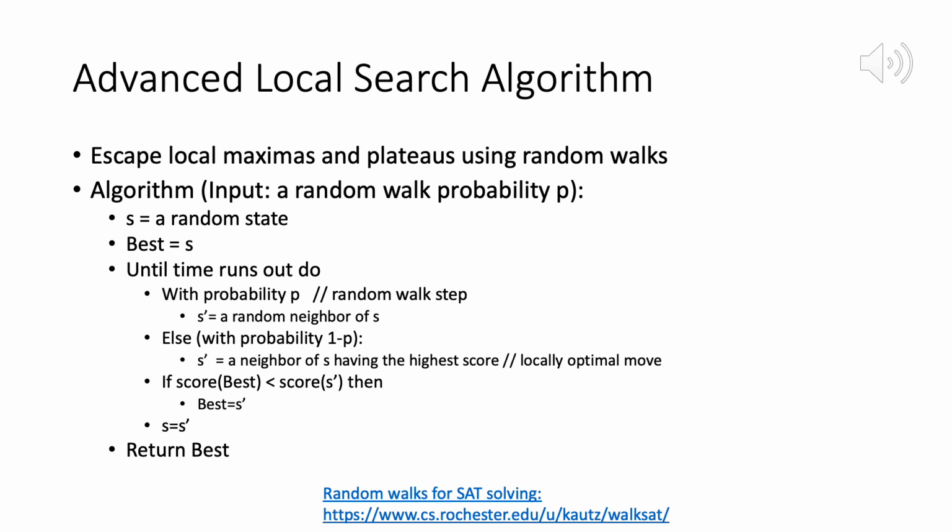As before, what we do is we start with a random state, let's call that state S, and set the best state, which is captured in the variable best, to the current state S. Okay? Then we run the following steps until time runs out. Again, this algorithm has a time bound, and this algorithm will keep on moving through states until the time bound has expired.